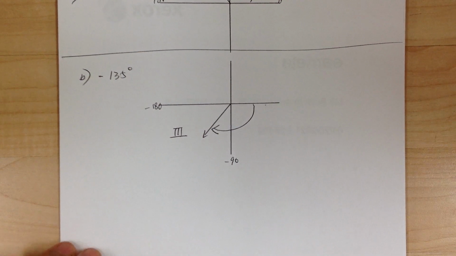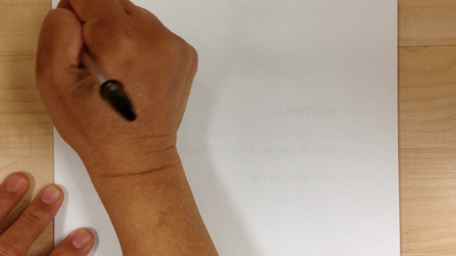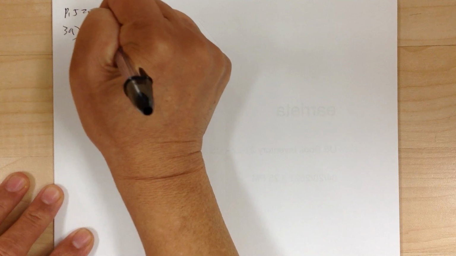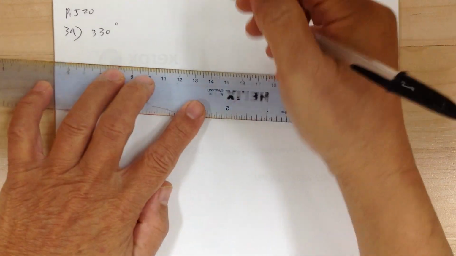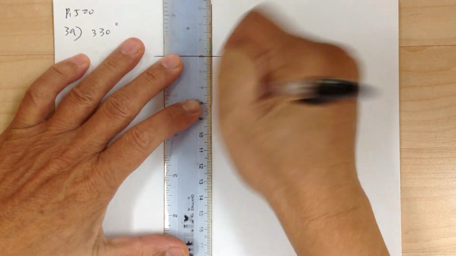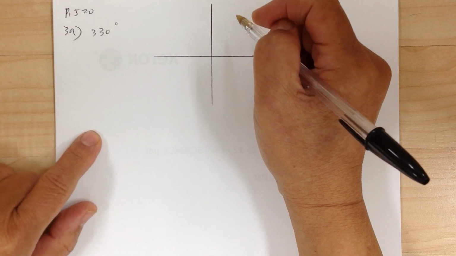Okay, let's go to the next one. Okay, so you got 330 degrees. The easy way to remember is that on the clock, each number is 30 degrees.